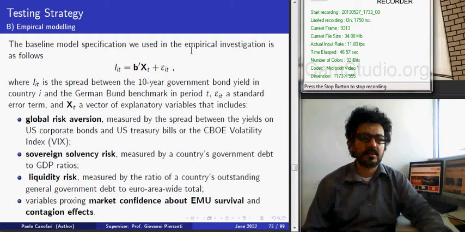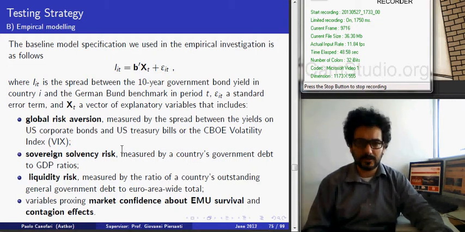Epsilon_it is the standard error term. We use global risk aversion as an explanatory variable.